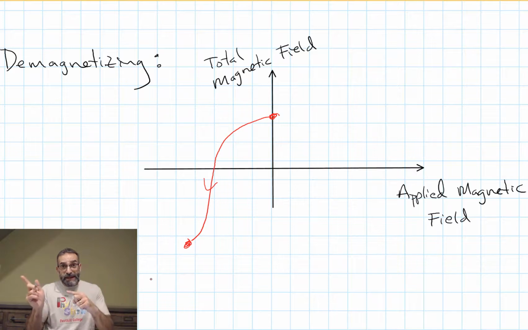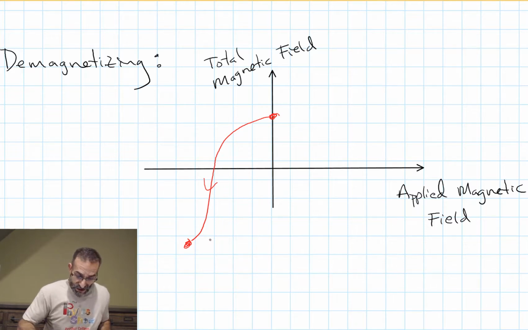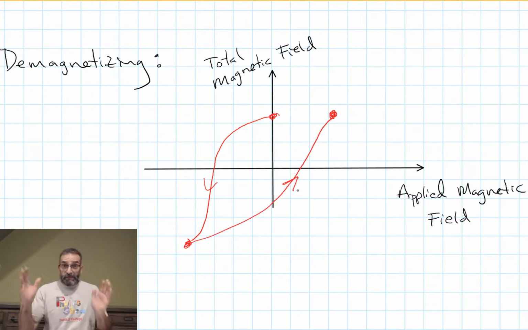Now we reverse our magnetic field, but we reduce the intensity of the field a little bit. So we get it to go in the opposite direction, but a little bit weaker field doesn't flip as many domains. So we left some of the domains in the other orientation and we flipped some of them. Now we flip our field again, but we reduce the intensity again.